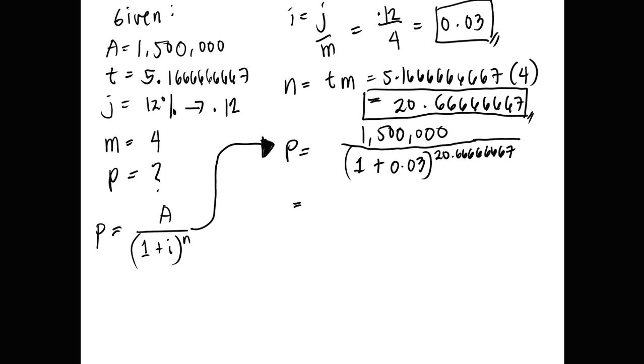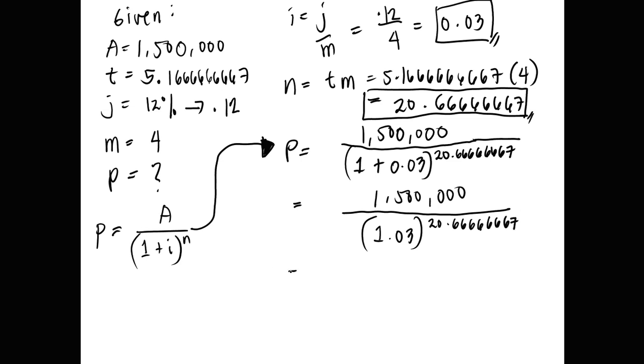Next, again, di po kayo mag-round off ha. Mag-round off lang po tayo sa final answer. Okay. So, remain po si numerator. We have 1,500,000. And then, unahin nyo po muna sa denominator since merong parenthesis doon at exponent. So, 1 plus 0.03, of course, that is 1.03. Raised to, same pa din po, rewrite mo lang. Kasi ang ginalaw lang naman po natin ay yung nasa loob ng parenthesis.